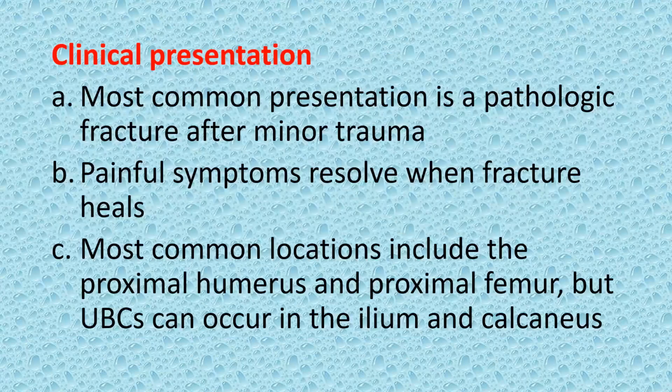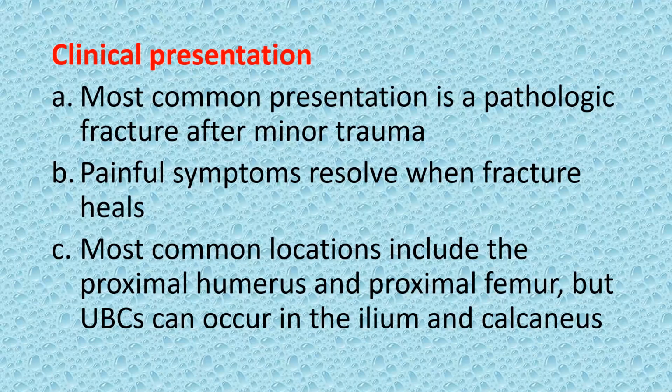Clinical presentation: the most common presentation is a pathologic fracture after minor trauma. Painful symptoms resolve when the fracture heals. Most common locations include the proximal humerus and proximal femur, but unicameral bone cysts can occur also in the ilium and calcaneus.